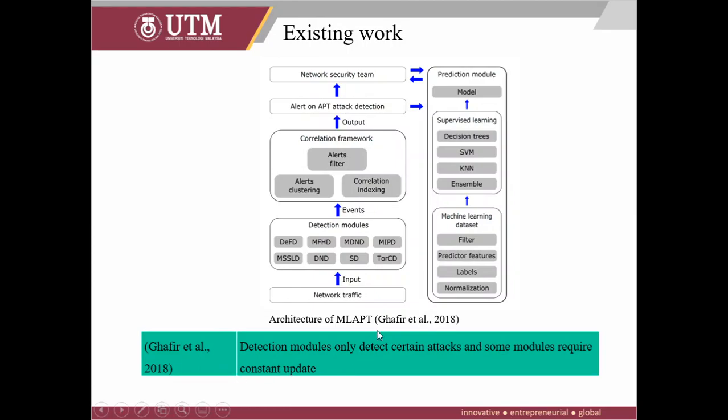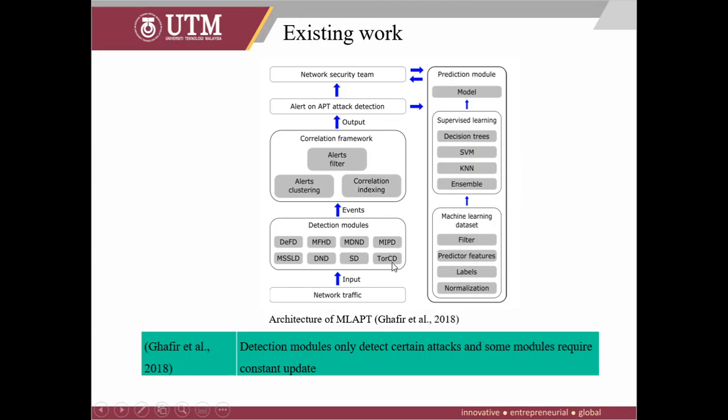The second existing work is by Garfield in 2018, where he uses many different detection modules deployed in different parts of the system. These small modules each have their own function in detecting the different stages of APT.